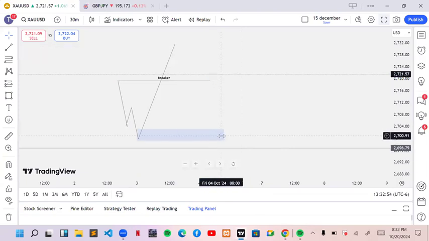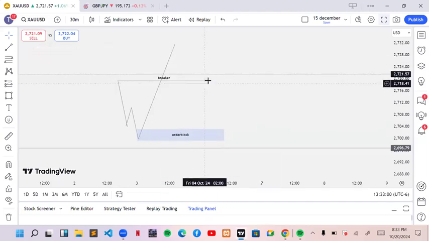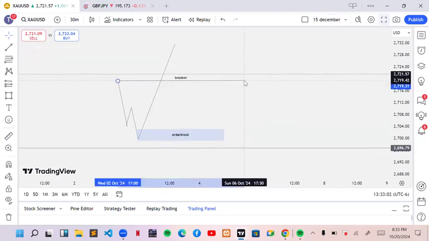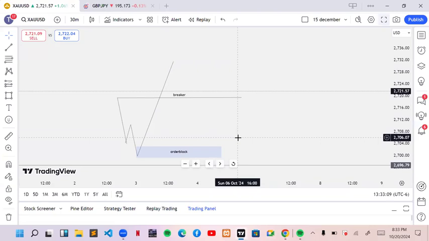And then this is your other block. Now, knowing when to use a breaker block or when to use an other block: use a breaker block when the first pullback that market makes did not mitigate that breaker block. I don't know if you understand what I mean.